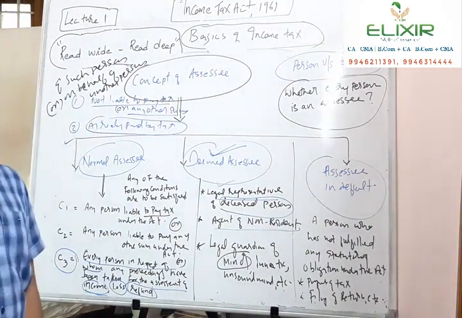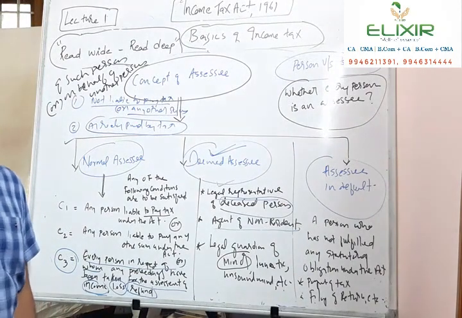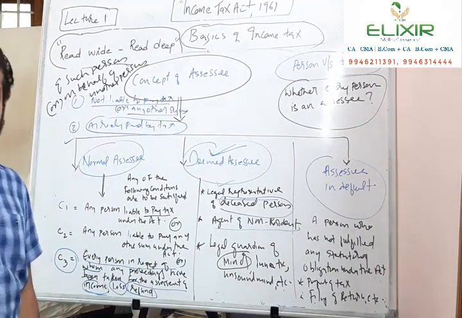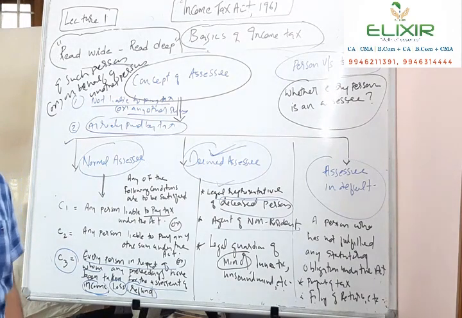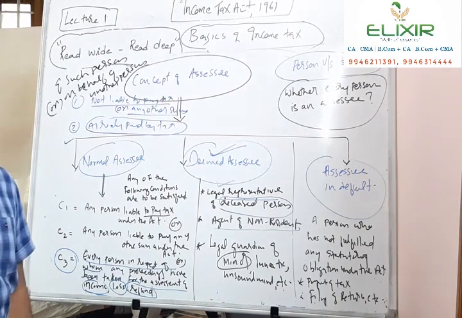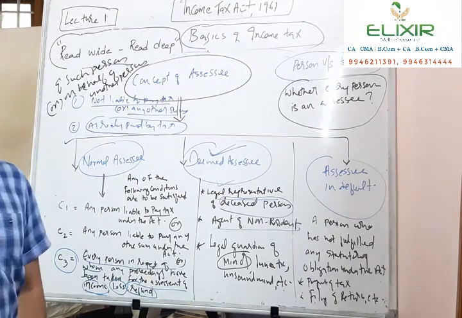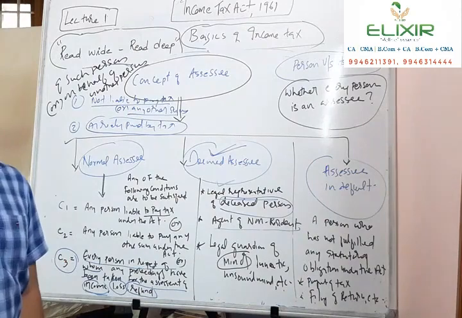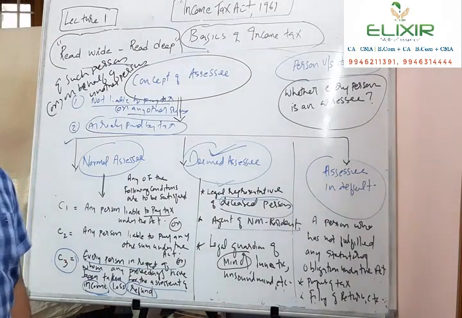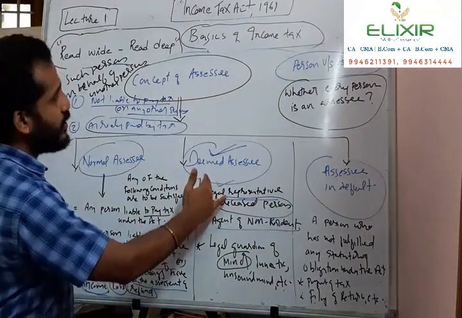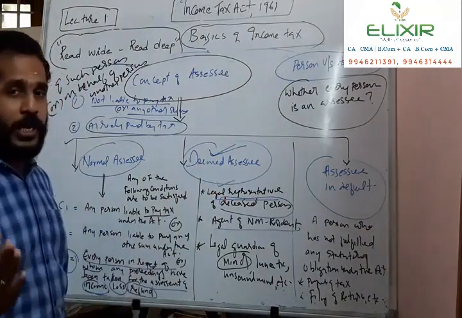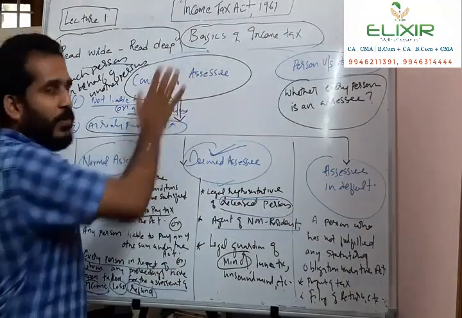Even if he is not liable to pay tax, still he is treated as assessee. Any proceedings initiated by the Department of Income Tax for the assessment of his income, his loss, or in the case of refund, not only his own income, loss, refund, but the other person's also, because there is a concept of deemed assessee. Deemed assessee can also be considered as part of the term assessee.